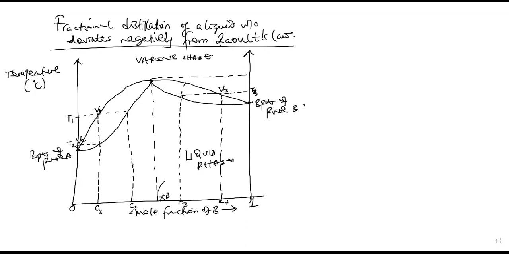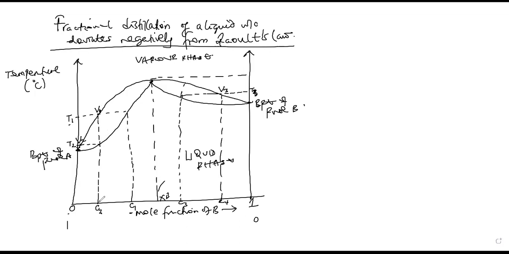When a liquid of composition C1 of B is heated, it boils at a temperature T1 degrees Celsius, producing a vapor V1, which is richer in A, because from this side up to this side now, we are going to the composition of A. So when it is 0 to 1, composition of B. 0 to 1 this side, composition of A. So we are going this side of A, meaning richer in A. Condensation of this vapor V1 produces a liquid of composition C2, which is similar to that of the vapor V1.